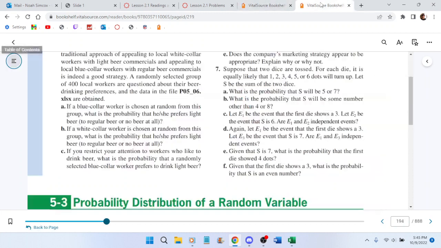Probability of A and B. So they're making everything overly complicated.